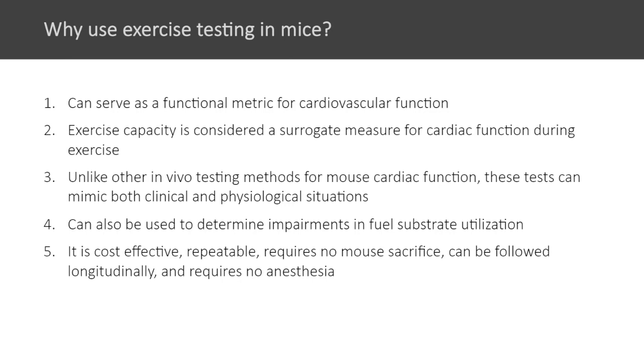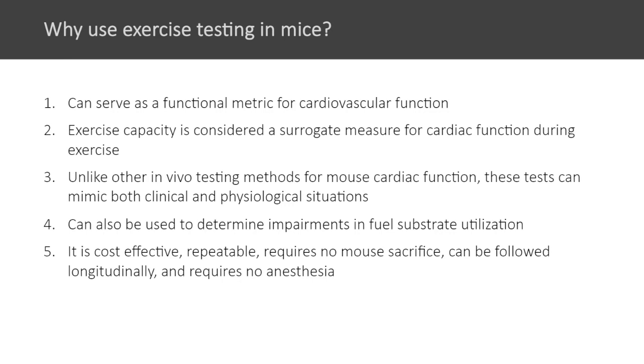And that's important because exercise capacity is considered a surrogate measure for cardiac function during exercise. And so that really allows us to be in a position where we're mimicking a clinical and physiological situation because the mice are not anesthetized. And since in the clinic, this is a gold standard testing protocol, you could say for the mice in their clinic, this can be their gold standard.